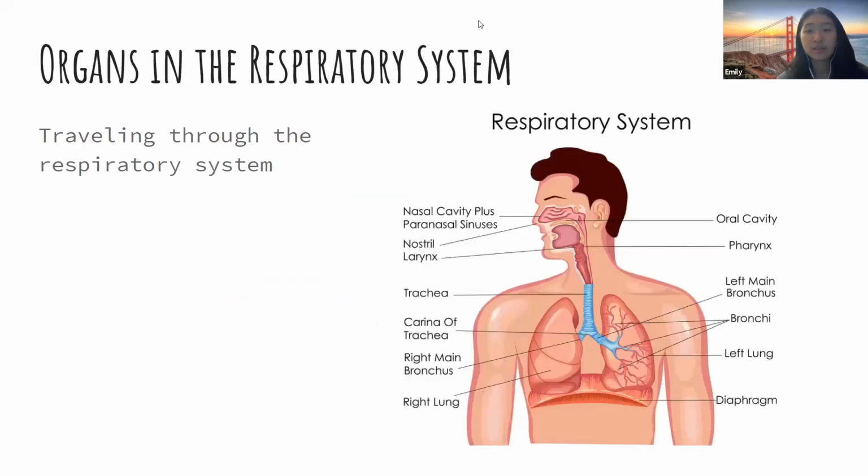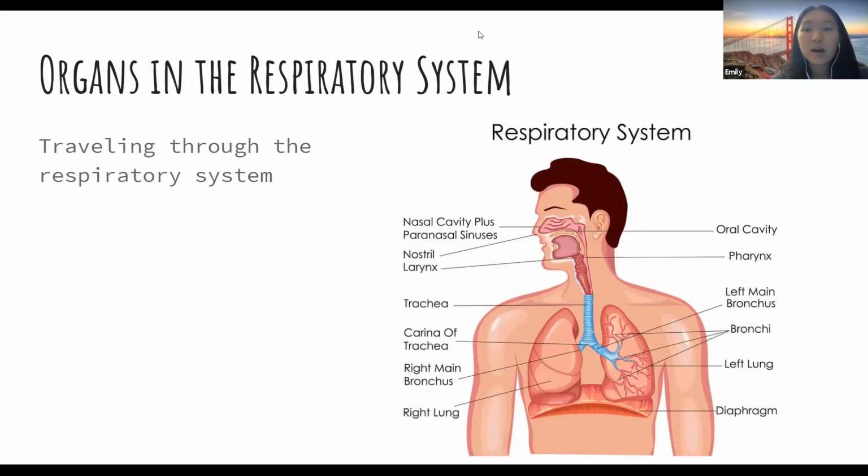All right, so into the anatomy part of this. What is the structure of the respiratory system? We already saw a couple of the different structures. This is a more detailed survey of all of the organs.